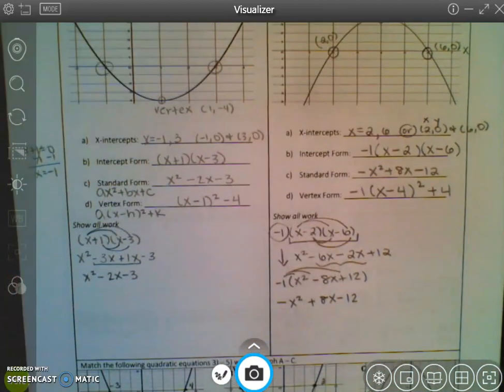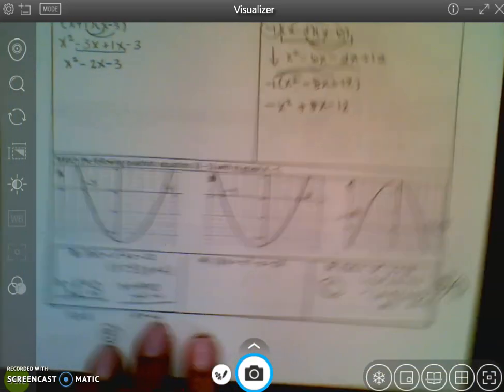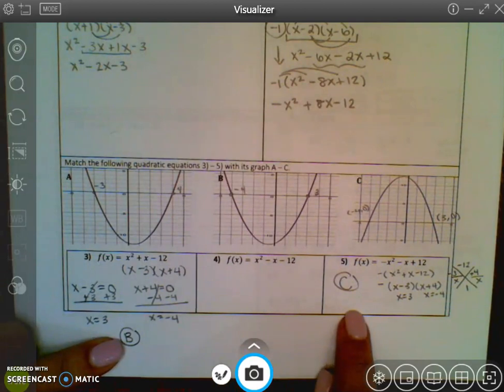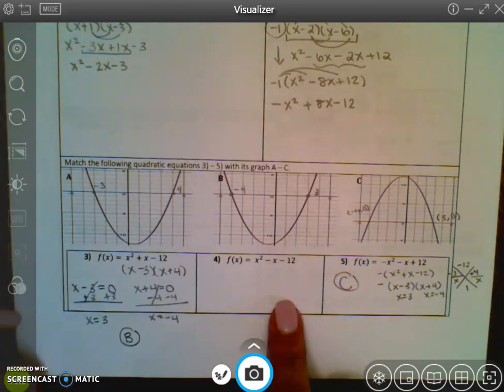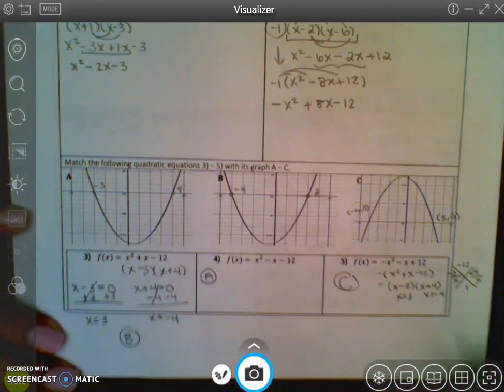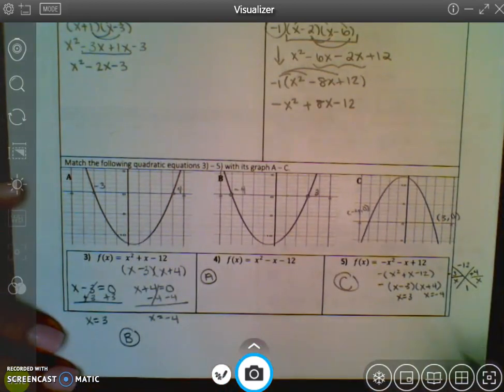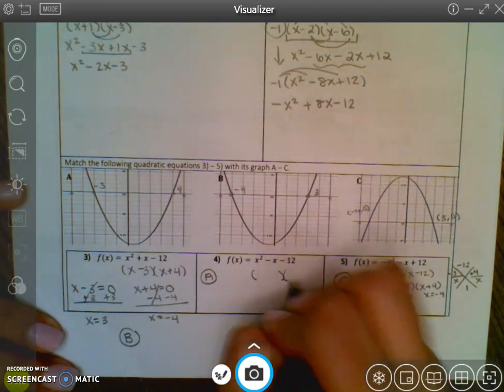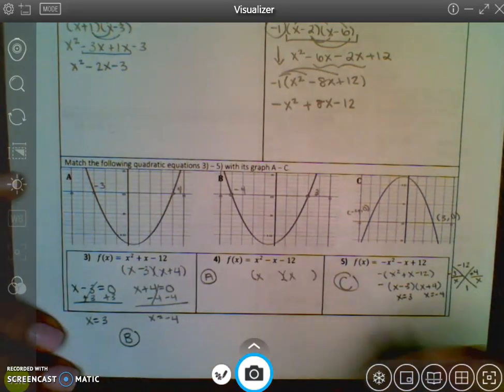Next let's go below. This one, you automatically knew what it was because B and C were already done for you. However, you had to show work for it. So this one had to be A. It has to be A, and we're going to factor. So this is going to factor as x and x. Well, negative 12. So let's see.